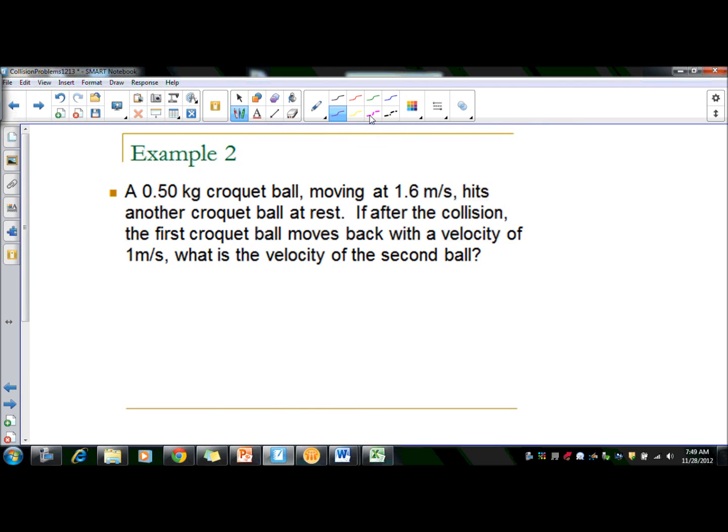All right, so here's another example. So let's use some different colors now. So we have a 0.5 kilogram croquet ball moving at 1.6 meters per second. So those two go together. Since this is the first one we find, this will be M1, this will be V1 naught. That's what is happening in the beginning. It hits another croquet ball at rest.